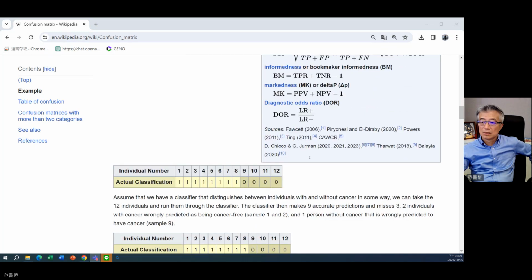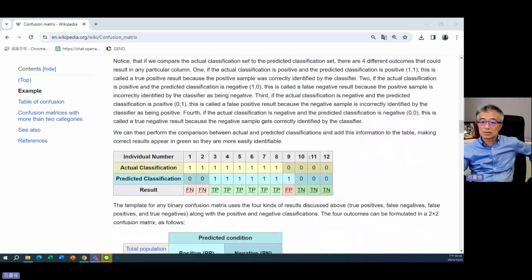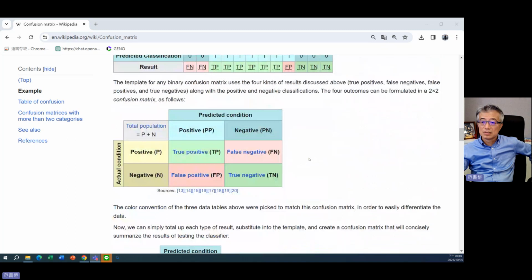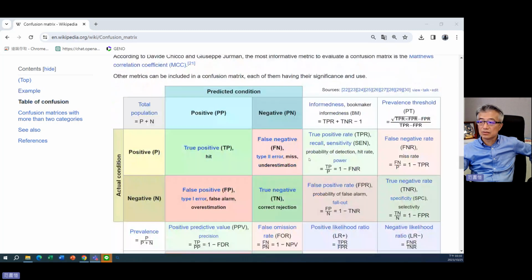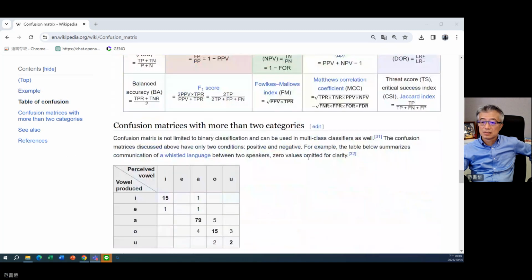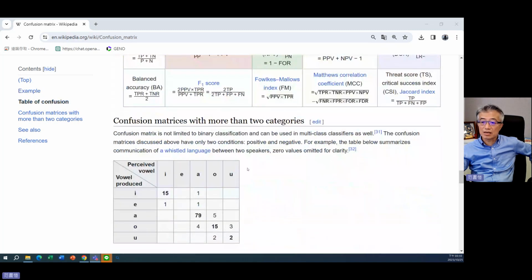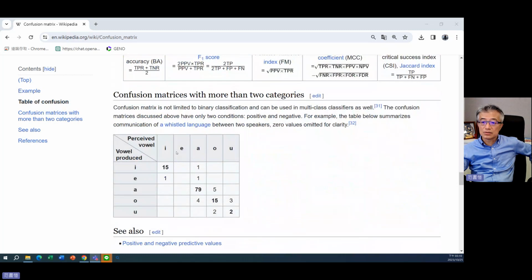So there's something else, some more information you would like to look into. More than two categories, like 1, 2, 3, 4, 5. So this is a perceived vowel and this is a produced vowel. So there are more than 2 classes.